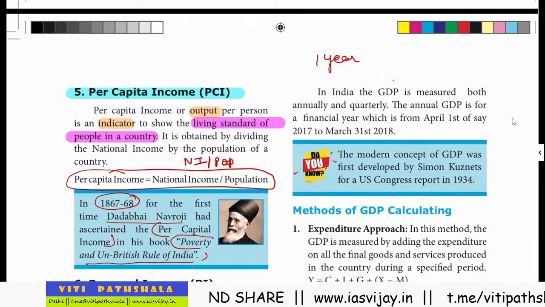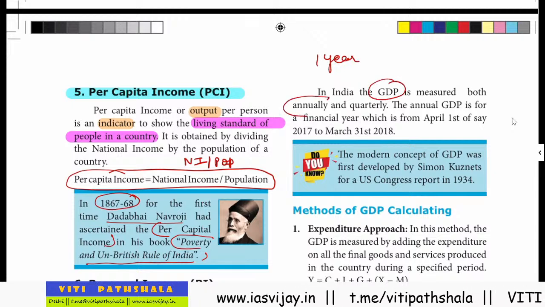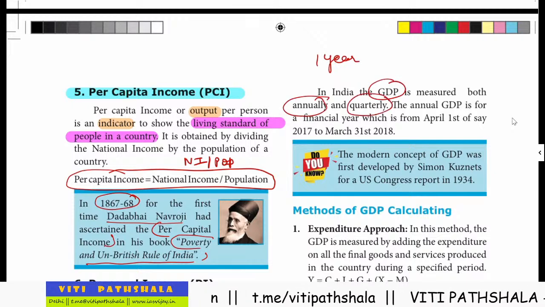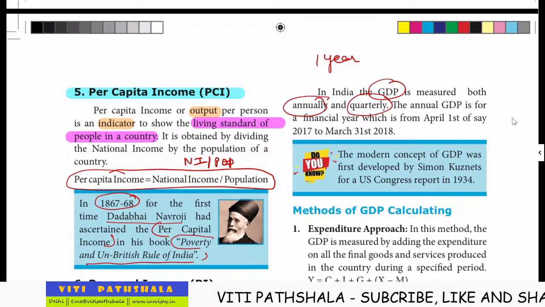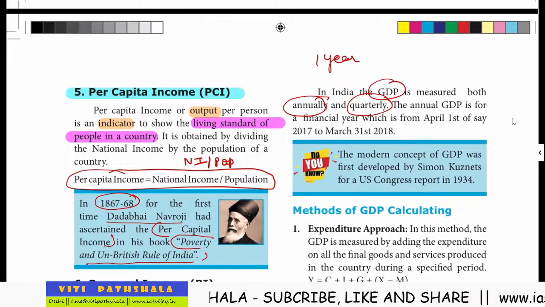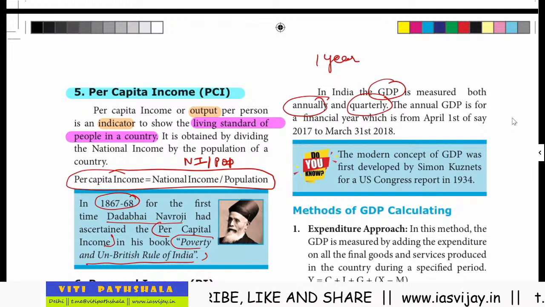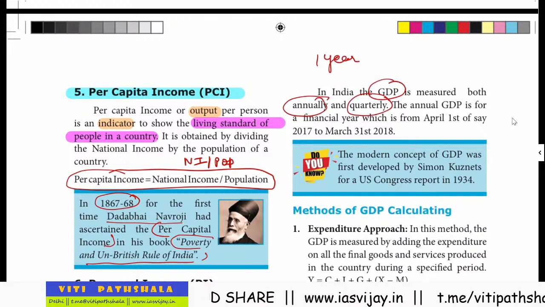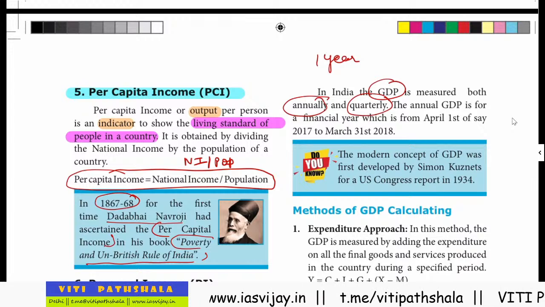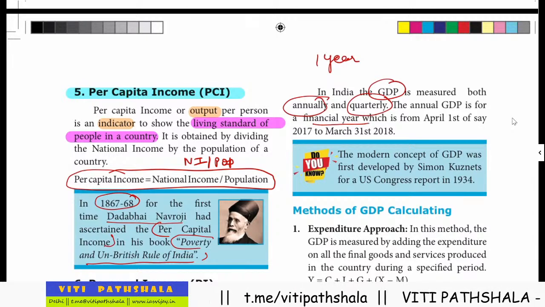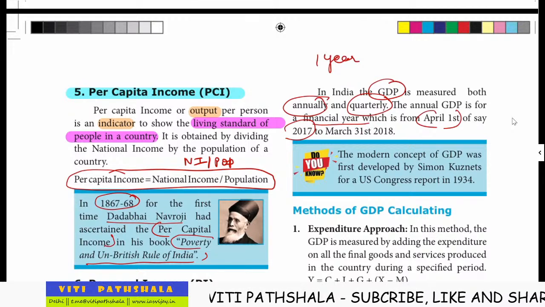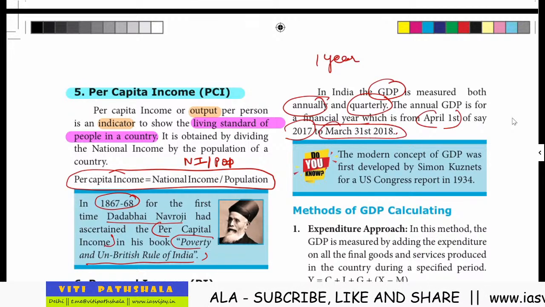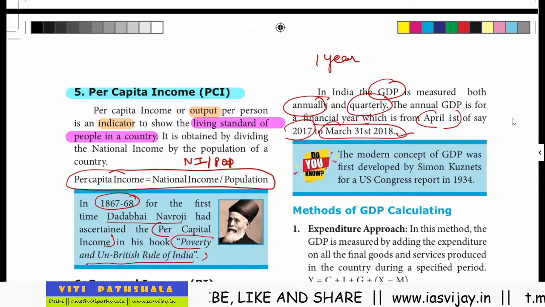In India, GDP is measured both annually and quarterly. So remember this factual knowledge that in India we calculate the GDP both annually and quarterly. The annual GDP is for the financial year which is from April 1st 2017 to March 31st of 2018.